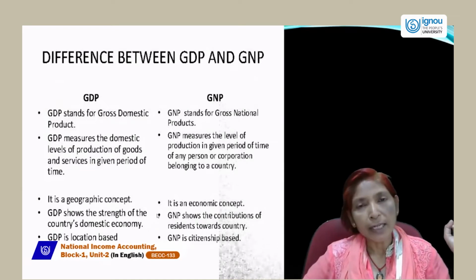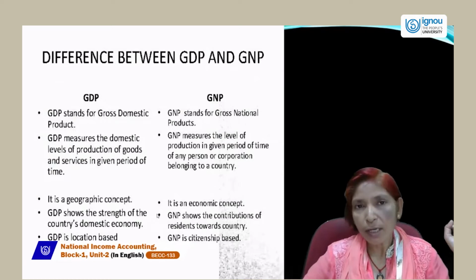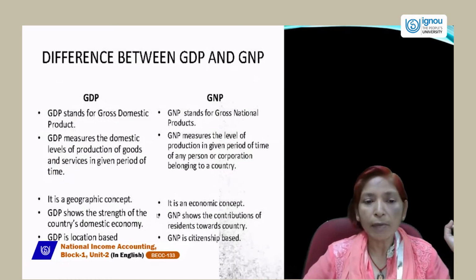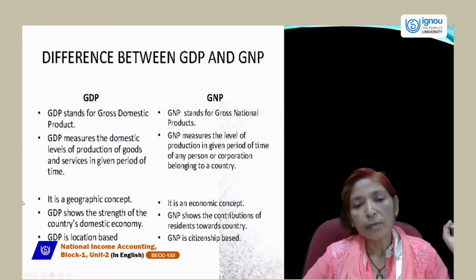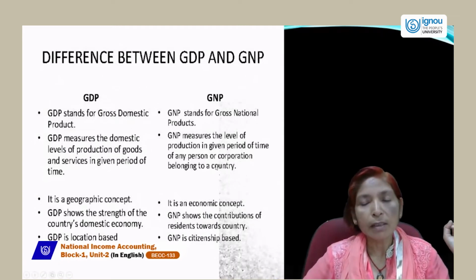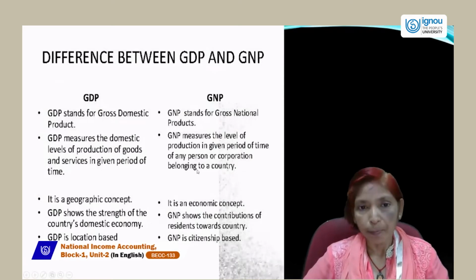GNP stands for gross national product, and it measures the level of production in a given period of time of any person or corporation belonging to a country.